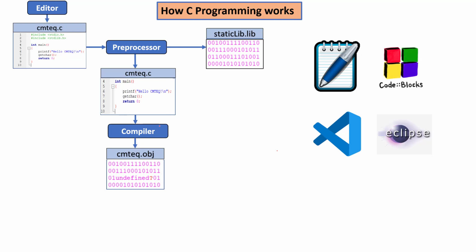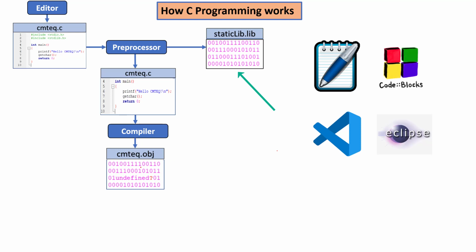When the compiler compiles this main file, it finds a printf function, but it cannot find where printf is located, and it marks it as undefined. Whereas we know that the preprocessor already took off those directives that printf is located in and compiled them into the static library that you can see here.